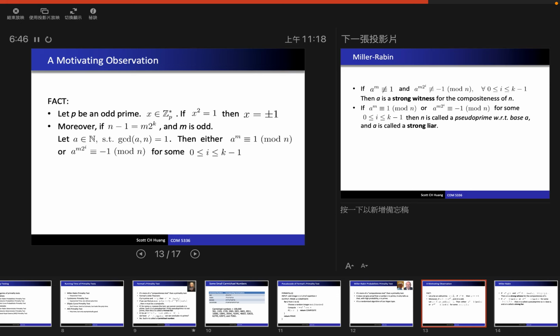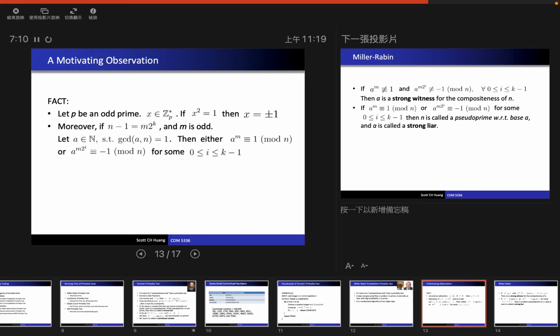So what are the possible square roots? We have plus or minus 1, and then we may have any other. So it could be plus or minus 1 or something else. Let's look at what gives you the most information. If it's 1, or minus 1, or something else, let's take a look.